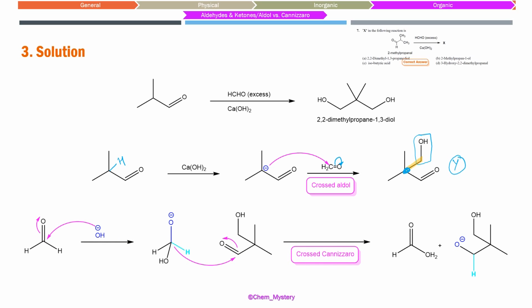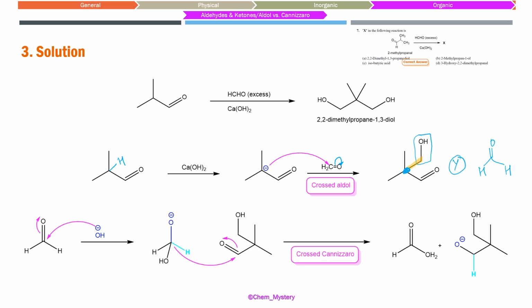We understand which of these two is relatively more reactive, because here there is hydrogen only, here there is some alkyl group present. So this is going to be more reactive, more delta positive charge present on that carbonyl carbon. So our hydroxide ion is going to attack on this formaldehyde.